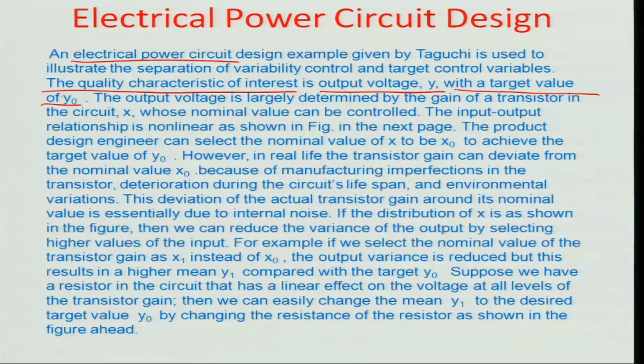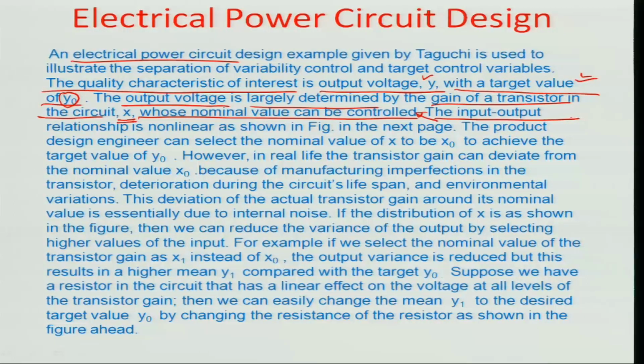So, the target value here is basically Y0 and the output voltage of the circuit is Y, and obviously the output voltage is very largely determined by the transistor gain, which is plugged into the circuit, and the gain is represented by the parameter x, whose nominal value can be controlled within a certain range. The input output relationship of y versus x, that means the level of the output voltage versus the gain voltage, is a non-linear relationship as shown in the figure here in the next page.